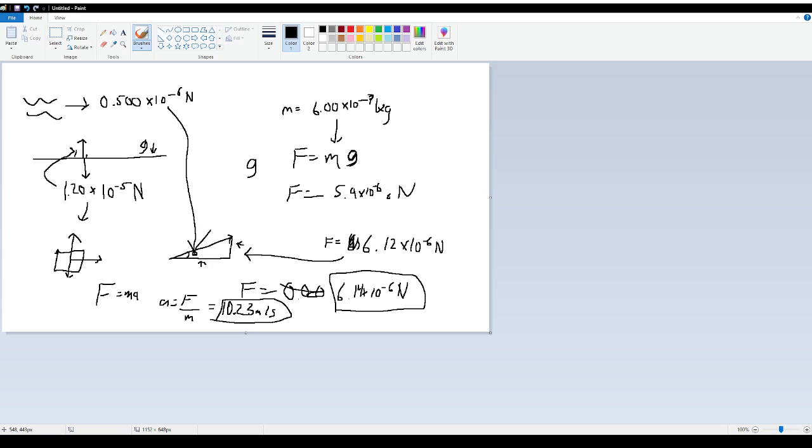This is at an angle of 4.67 degrees. We don't have a direction specified, so we'll say from the vertical. And this is your answer.